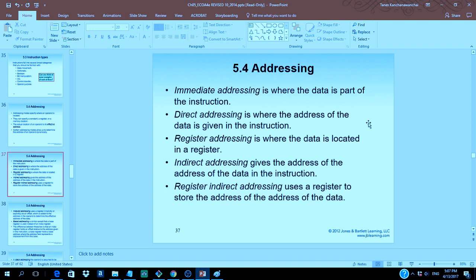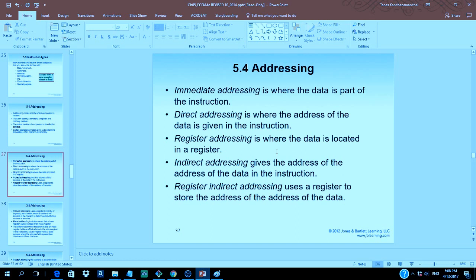Indirect addressing: here we give the address of the data in the instruction. That means I go to 100, but 100 stores another address, 101. So I have to jump there again, right? Register addressing is where the data is located in a register.